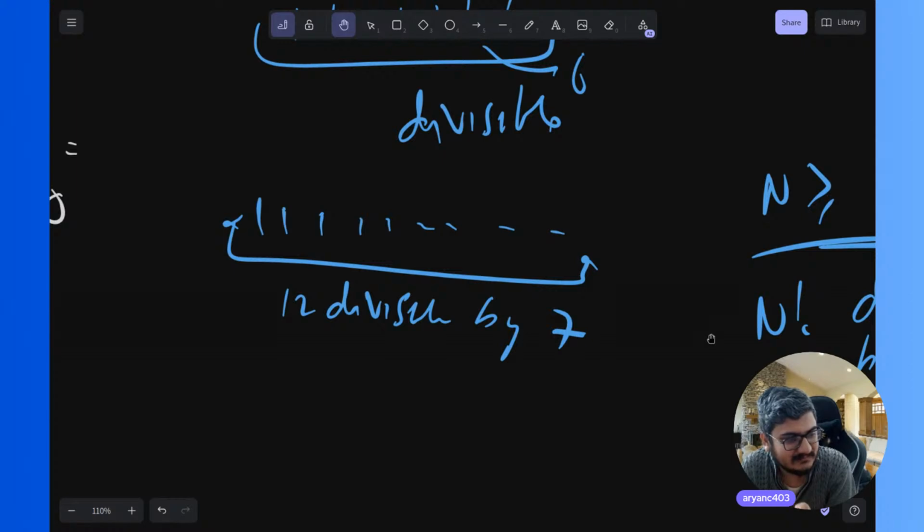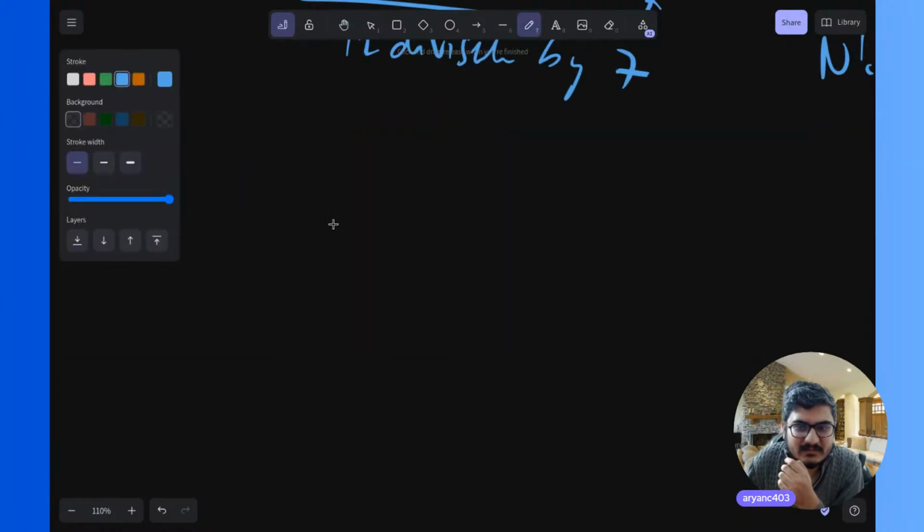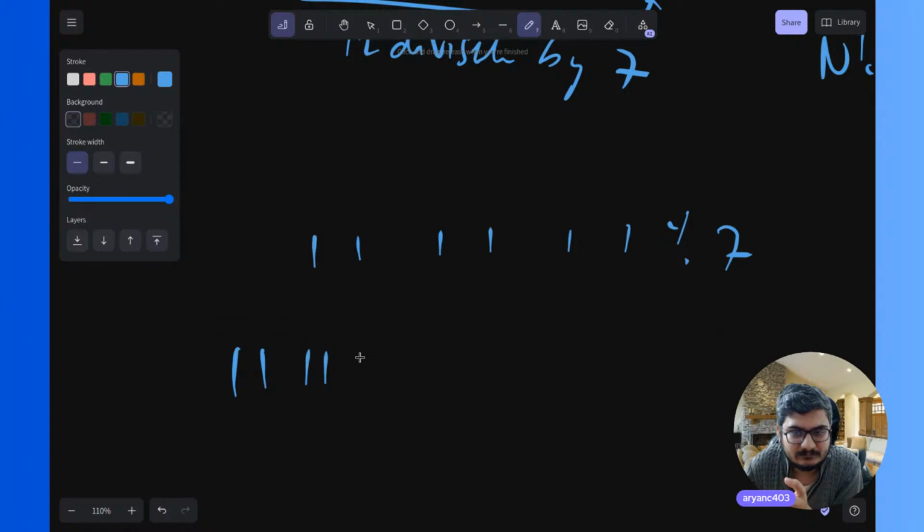Then I looked at 1 repeated 7, 8, 9, 10, 11, 12, up to 14 times, and that's where I found that when the count is a multiple of 6, it's divisible by 7. Once you know that 1, 2, 3, 4, 5, 6 is divisible by 7, it's easy to prove for all the multiples of 6.